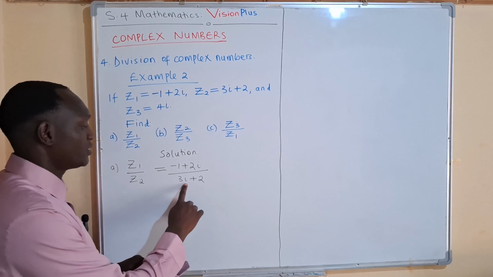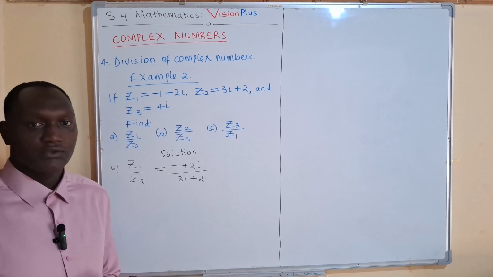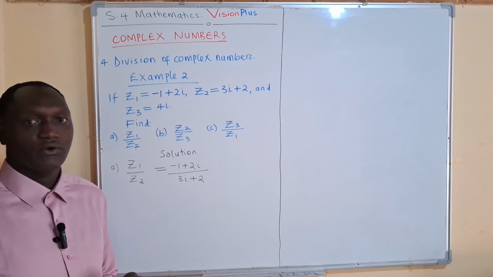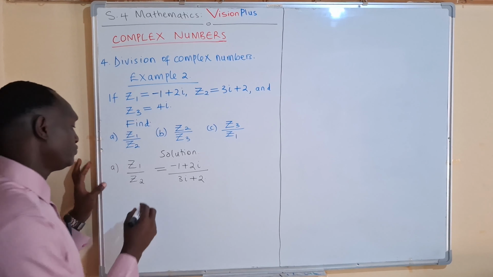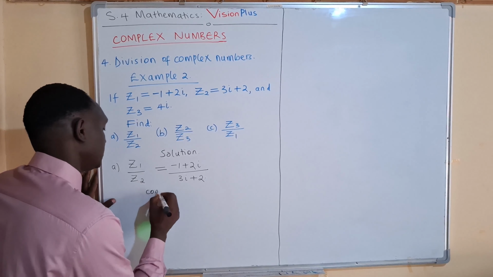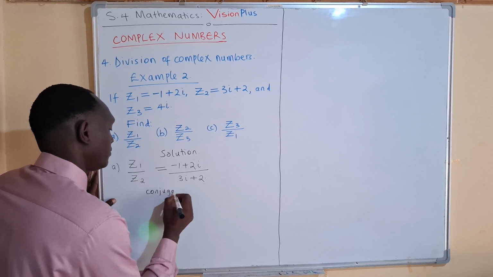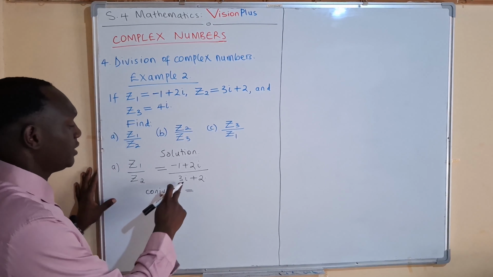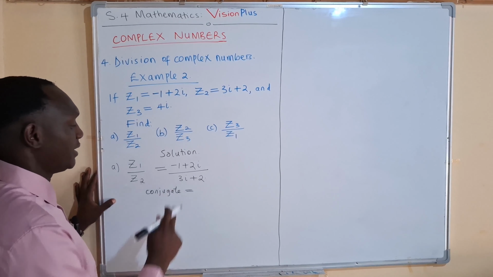And if there are two terms on the denominator, as you have seen, our first step is always to get the conjugate of the denominator. So we shall just say here conjugate. And the conjugate is always strictly for the denominator.